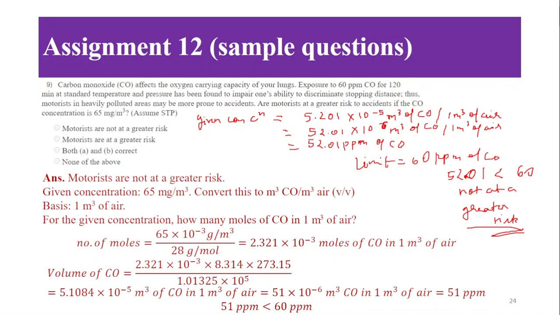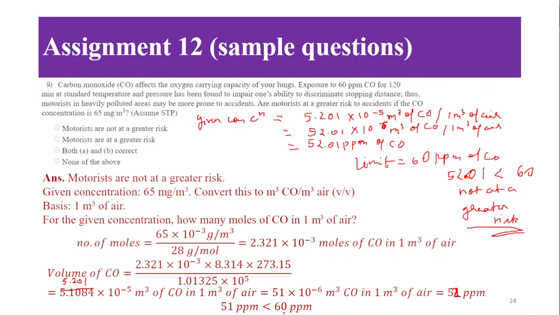So here some correction is there. So this will be 5.201, and then we get here around 52 ppm. This will still be less than 60 ppm, so not at a greater risk. Okay.